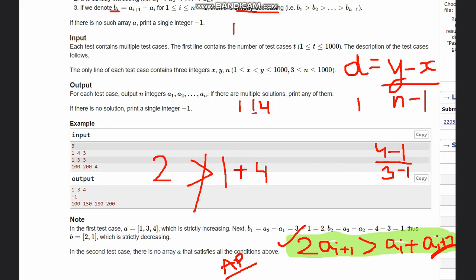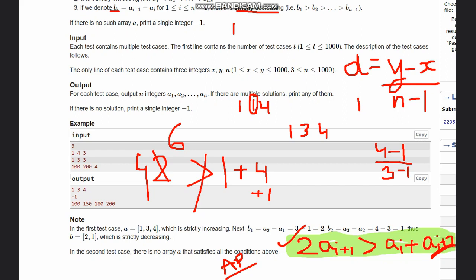Hence, what we do now, we add 1 to the terms which we calculated, till this term becomes greater. Now the term becomes 2. If the term becomes 2, 2 times it will become 4. Still it is not greater than this term. Again we add 1, it becomes 3, then it becomes 6, and hence it is greater, and yes, we get 1, 3, 4 as the output.